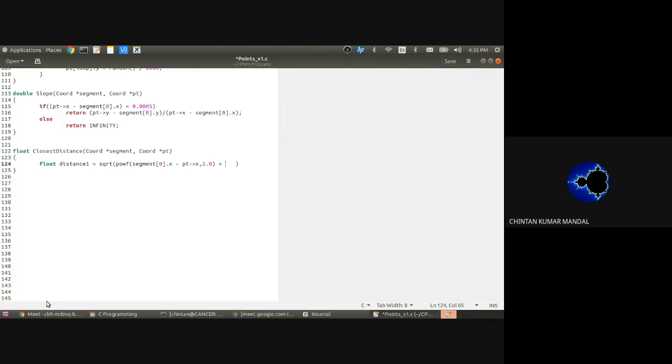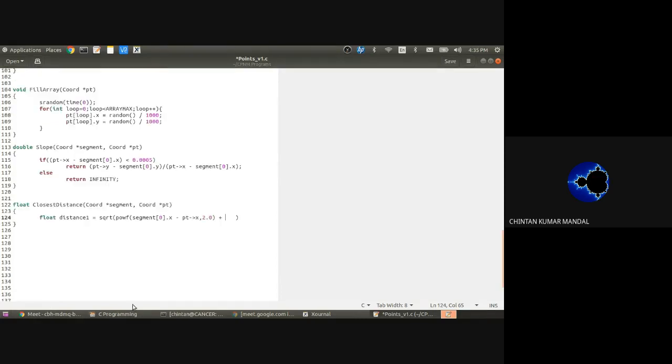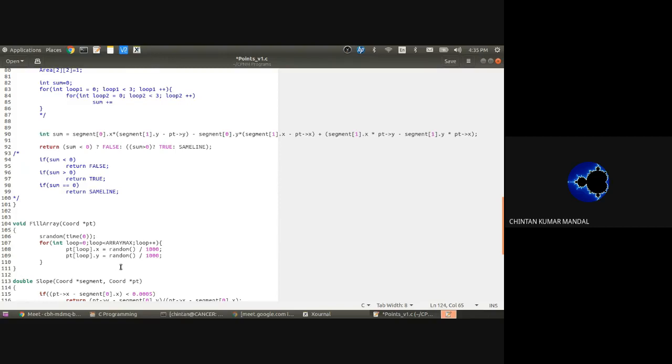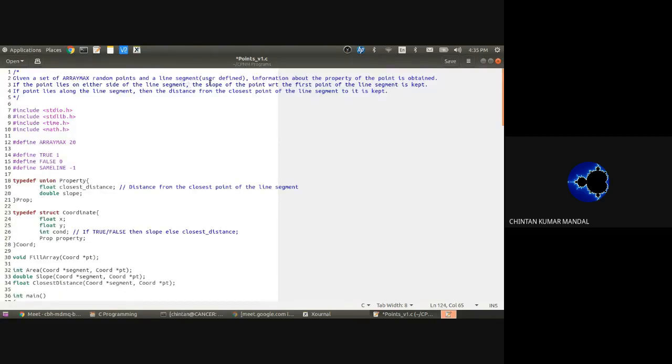When I'm saying the closest distance, see what the condition is. If the point lies on either side of the line segment, the slope of the point with respect to the first point of the line segment is kept. If the point lies along the line segment, where is the perpendicular distance coming across?